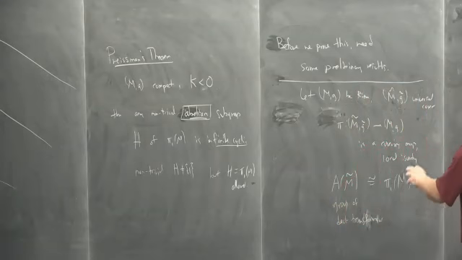But the important point here is that every F in A(M tilde) that is not the identity is an isometry with no fixed points.